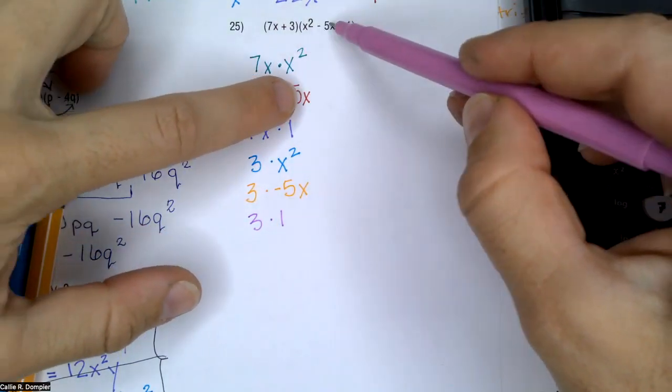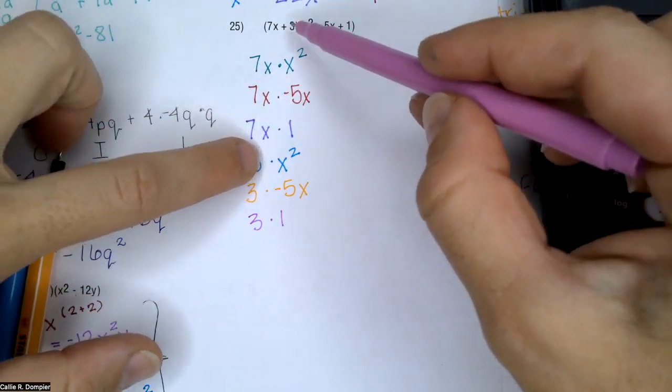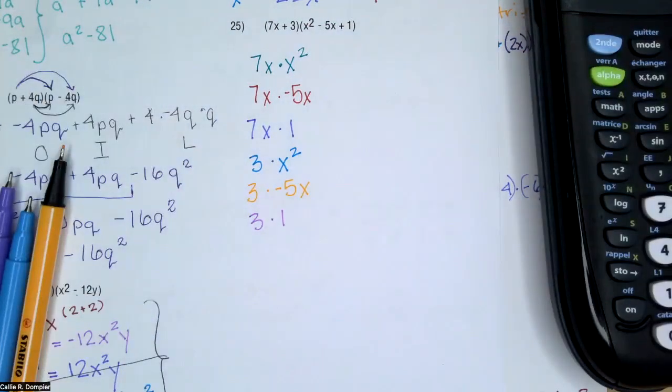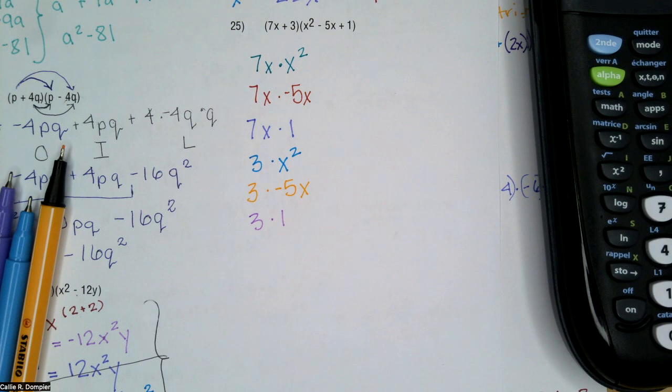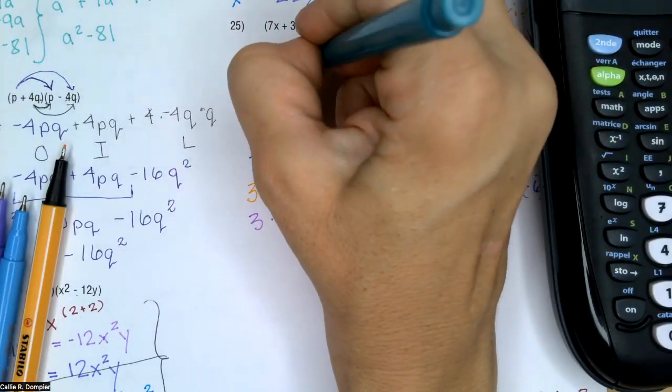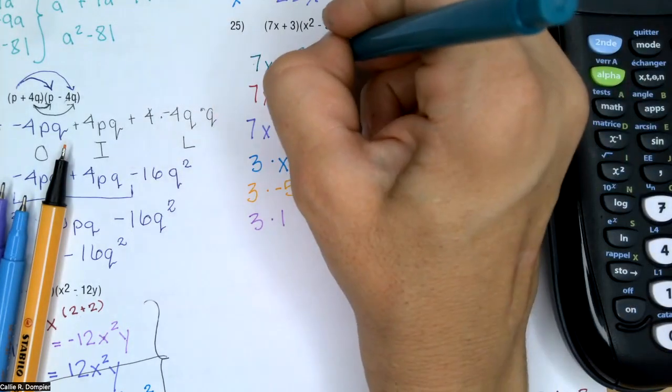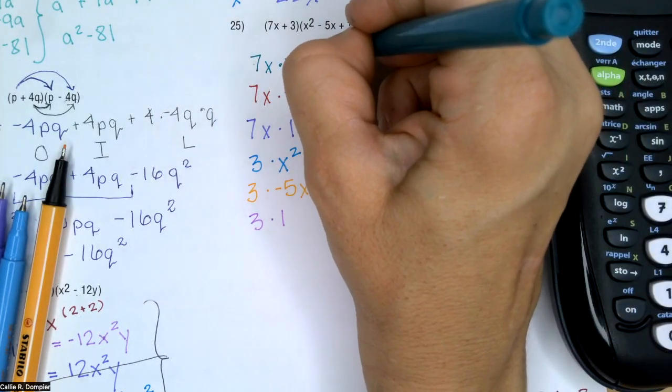1, 2, 3, 4, 5, 6. There were 6 pairs to multiply, right? Okay, let's see what happens. 7x times x squared, excuse me, is going to be 7x to the third, right?